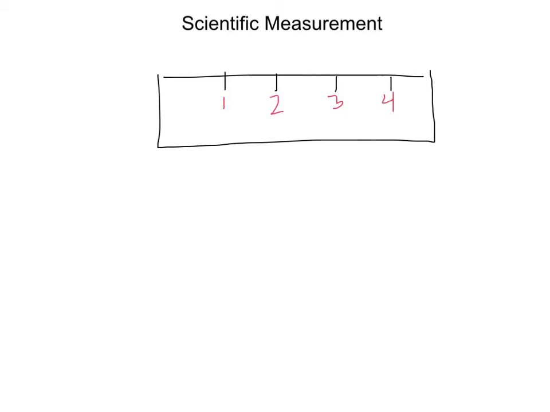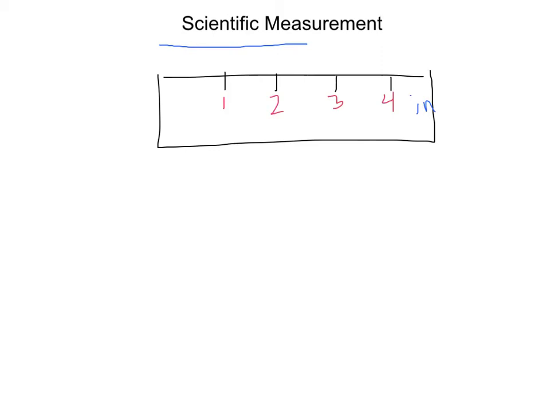Let's look at an example here. Let's say we have a ruler that measures in inches, and it's marked 1, 2, 3, 4, and so on. We want to measure the length of this blue line here. The rule is you take all of your certain digits first, everything that you know for certain because it's marked.